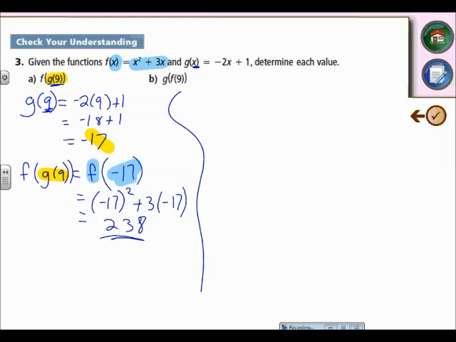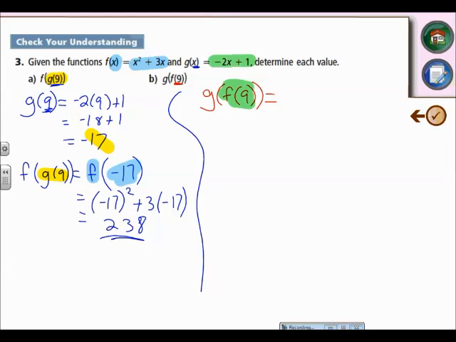In the second one, I'm going to do it a little bit more in one step. I'm going to substitute straight into here. This is now saying g of f of 9 is equal to, well, I'm going to substitute this first part right here, straight into there.